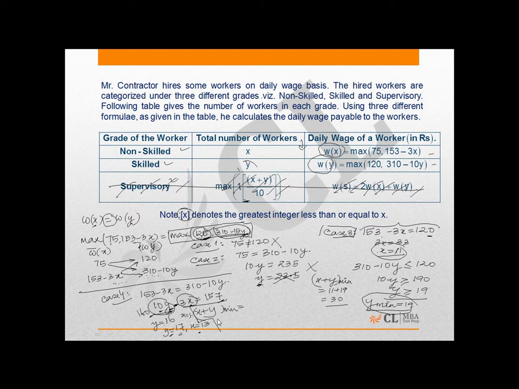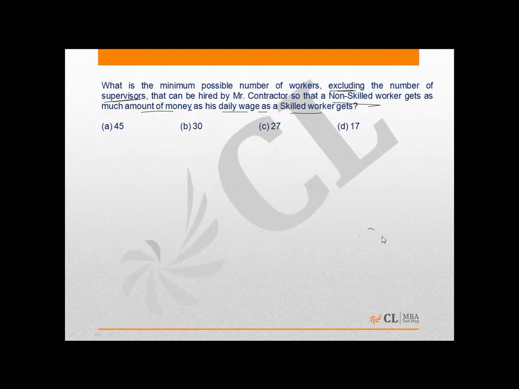So x plus y minimum is going to be 17, when y takes a minimum of 16 and x takes a minimum of 1. Out of the two values that we have received, 17 comes out to be the minimum. So the answer is D. D is the right answer.